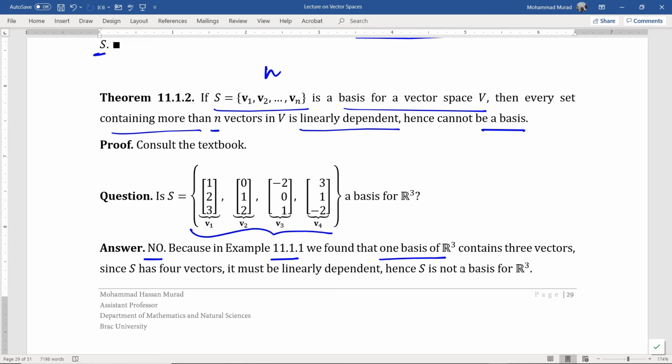Since this set S has 4 vectors in it, it must be linearly dependent. Hence, this set S is not a basis for the vector space R3.